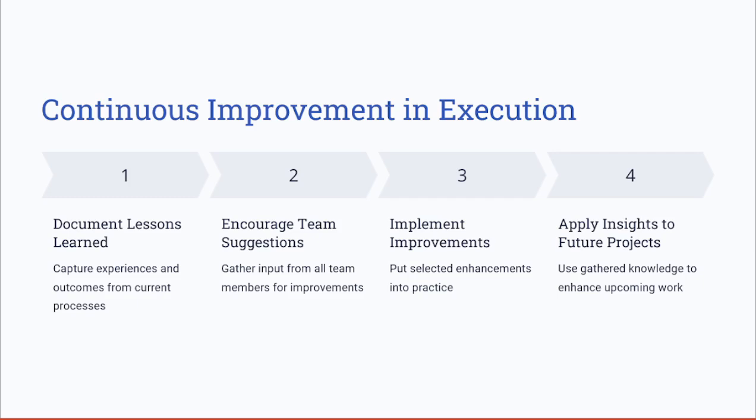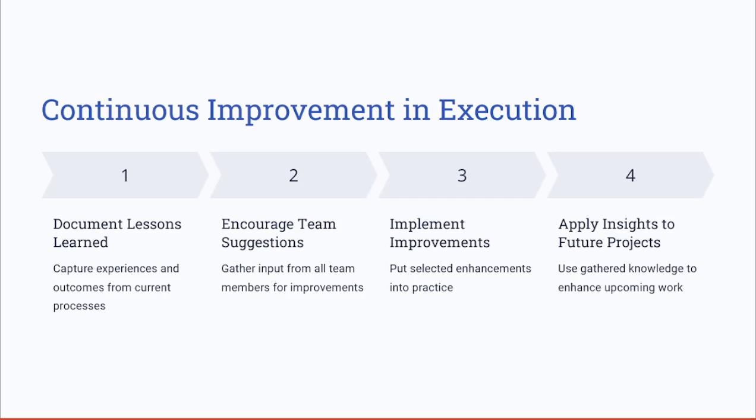Continuous improvement in execution. Continuous improvement is key to long-term product success. Companies like Toyota use the Kaizen method, encouraging employees at all levels to suggest process improvements. This approach enhances efficiency, quality, and productivity over time. So ensure continuous improvement to sustain the quality enhancement within your product or service.